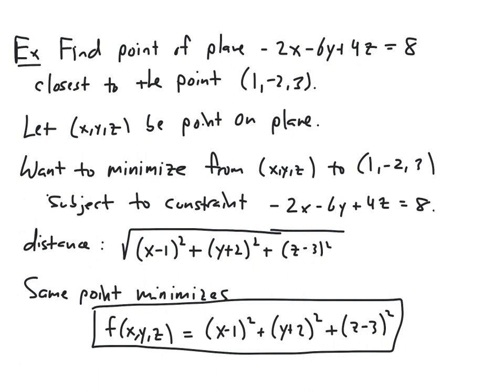And the function g is going to be the left side of the equation of the plane. So negative 2x minus 6y plus 4z.